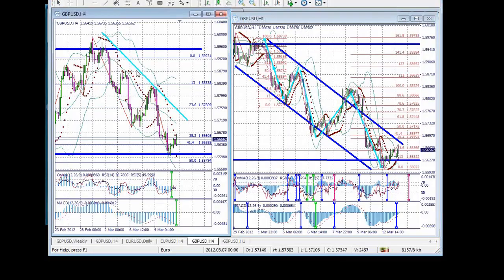You can see that the variation, I mean the distance between the waves that we are looking for, are bigger. The stop loss has to be bigger.